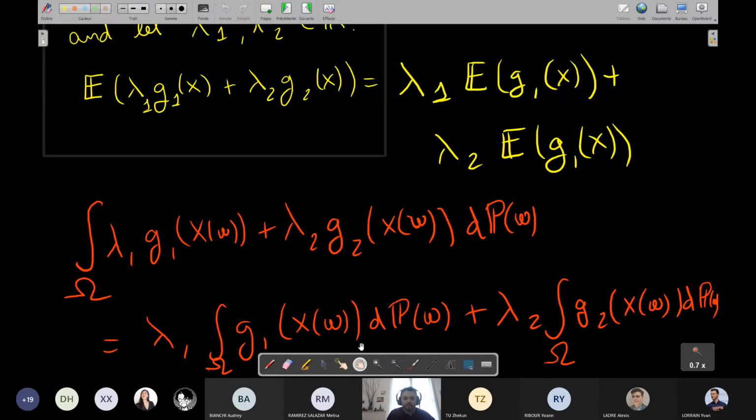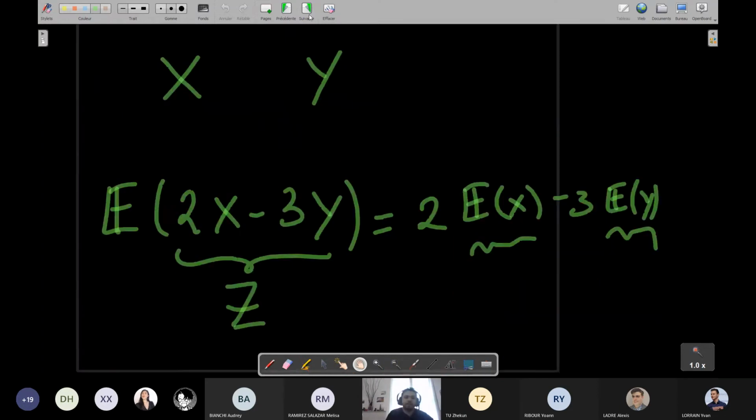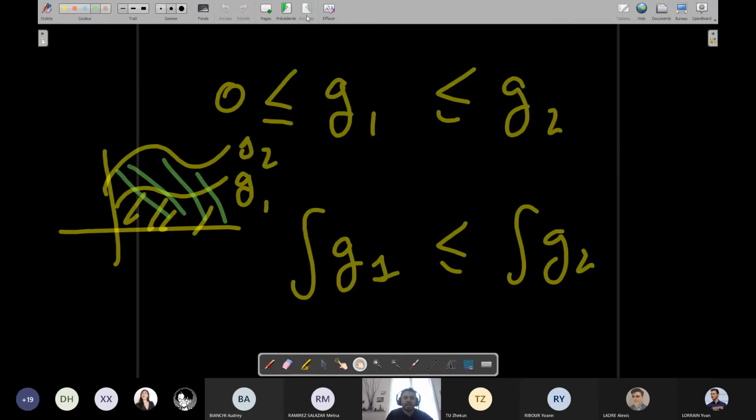Okay, so the expectation is useful because it gives you the average value of a random quantity. If you like to play games like poker, you can compute the expected gain, the expected payoff of your game, le gain moyen.